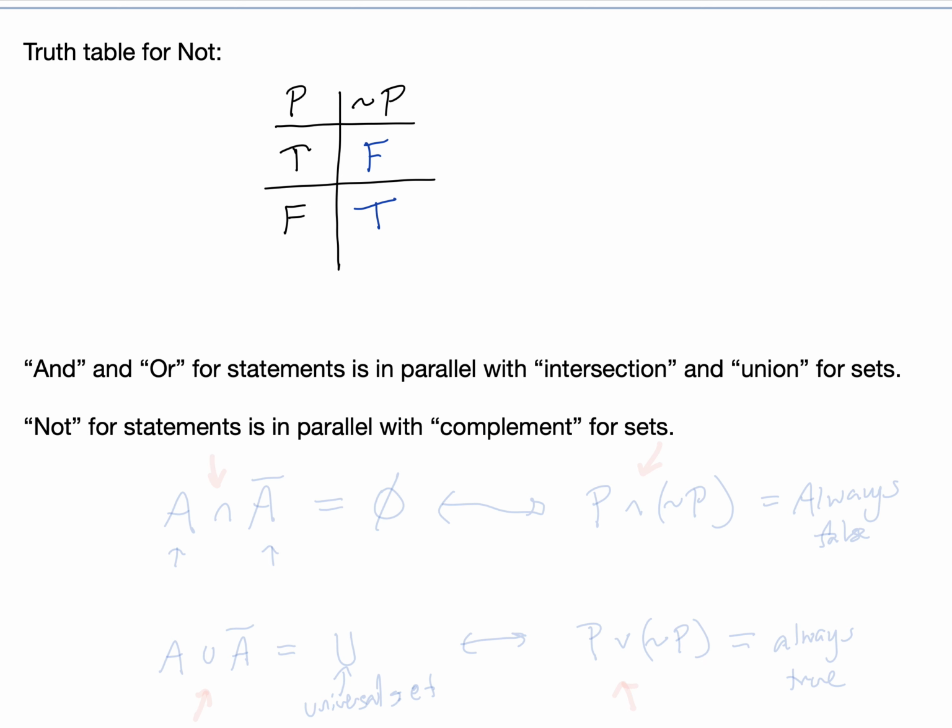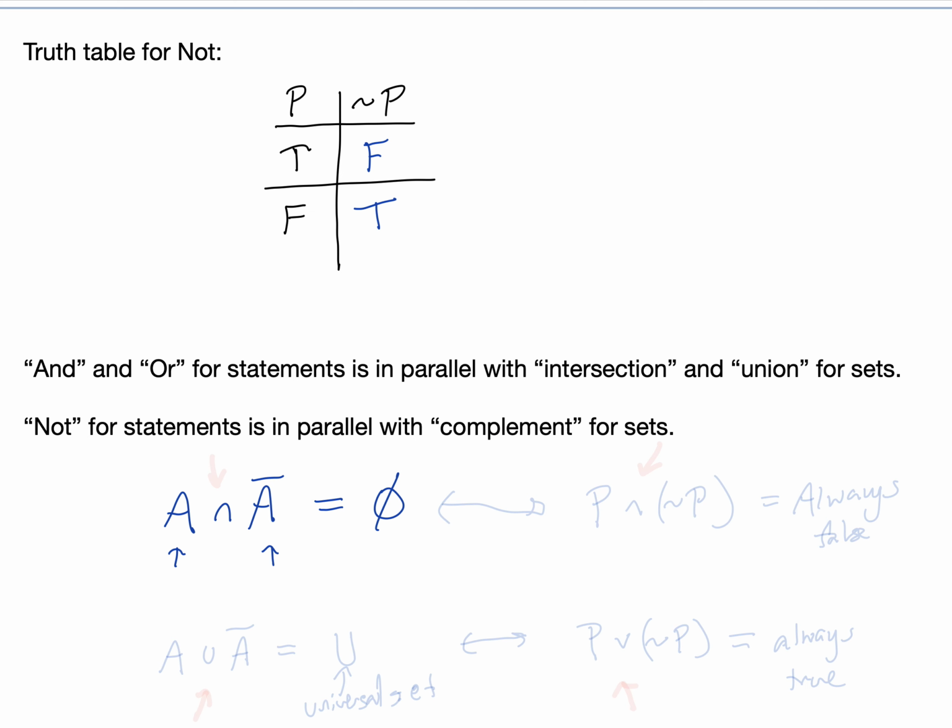So if we think about some of the things we've seen with sets, for example, A and A complement, we know that the intersection of A and A complement is the set of all things that are both in A and not in A. That would be the empty set, right?